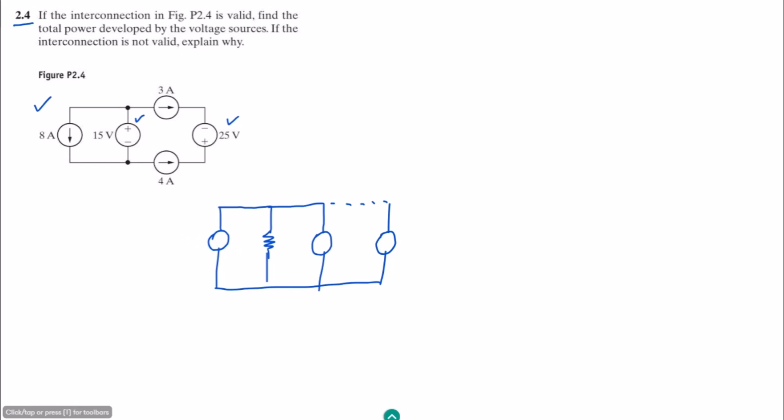Suppose this is VA, this is VB, and here VC, such that VA is not equal to VB.